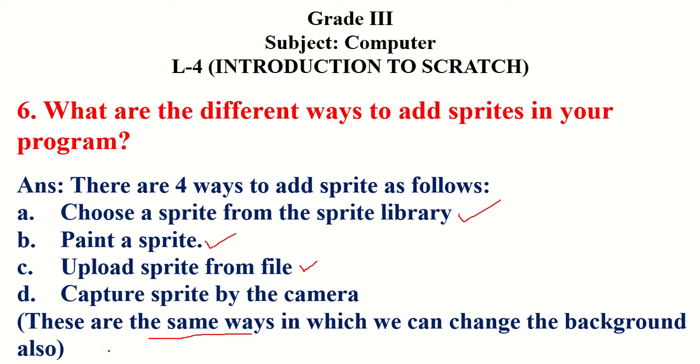Yes, if you want to change the background or backdrop, then these are the same ways. So, if in the question paper any question comes like this, what are the different ways to change the background, then you have to mention all these 4 points again.